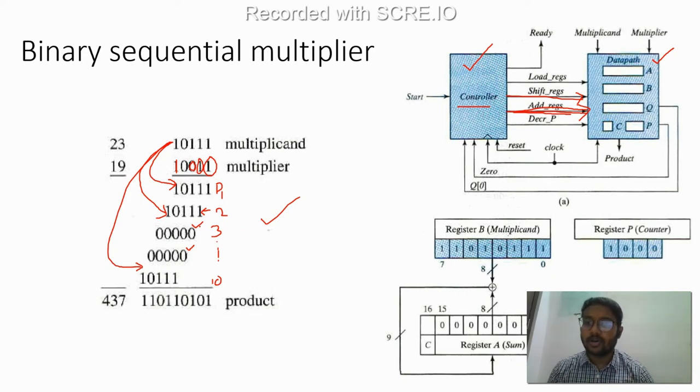Apart from that, what you can do is take one register, let's call it an accumulator, and initially you store all zeros in it.